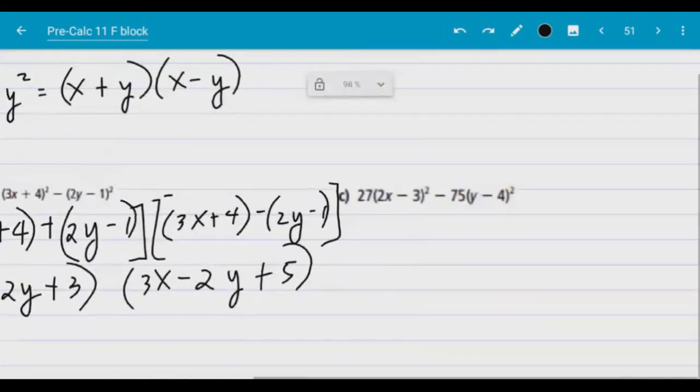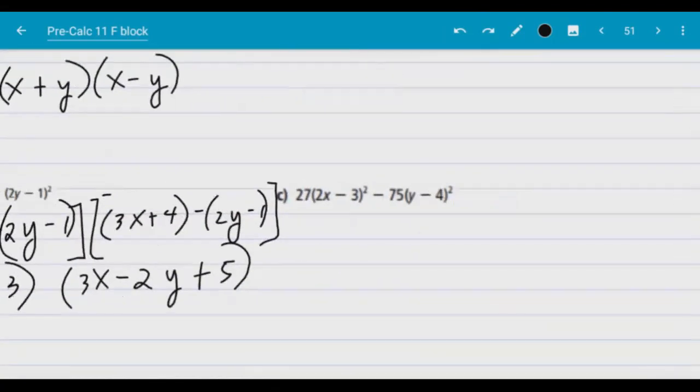Last question. It's pretty much the same, all right? 27 times 2x minus 3 squared minus 75 times y minus 4 squared. Okay, so let's see what happens. Now, guys, do you notice that 27 and 75 actually are divisible by 3? All right.